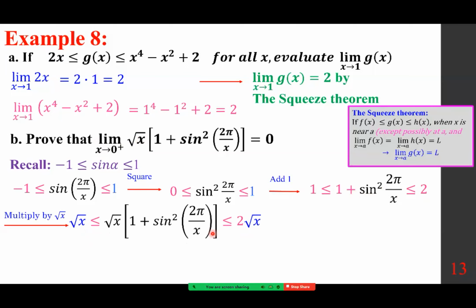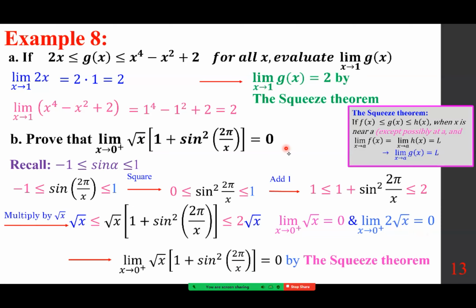So we want this limit. So I'm going to take the limit of the left and the right as x approaches 0 from the right. Both of them become 0, right? This is 0. This is 0. Therefore, by the squeeze theorem, this limit must be 0. So very straightforward, everybody.